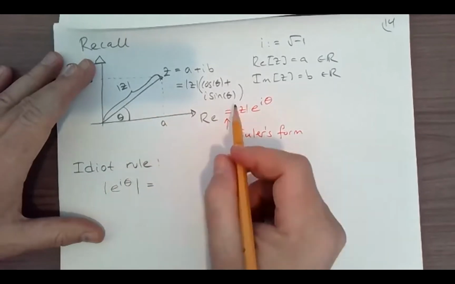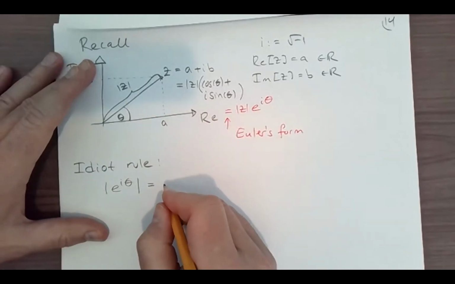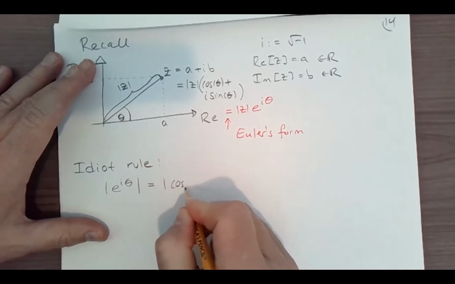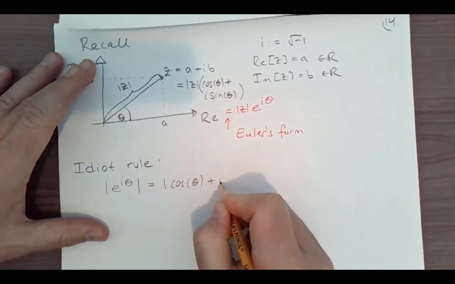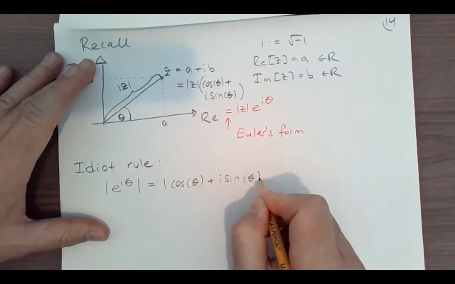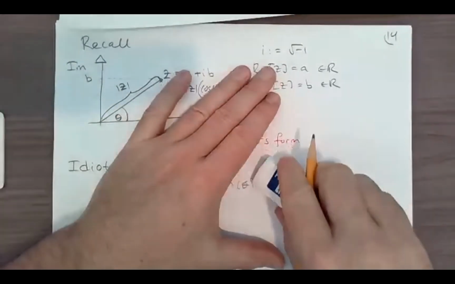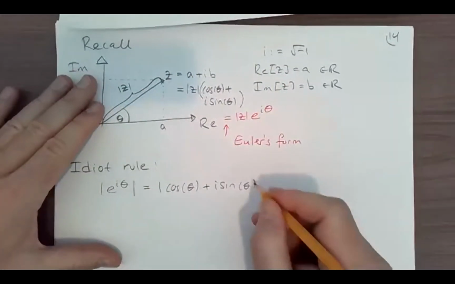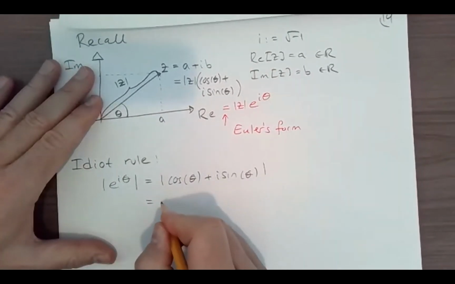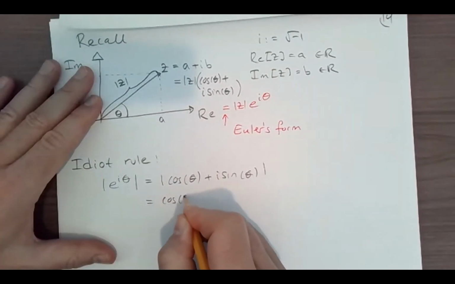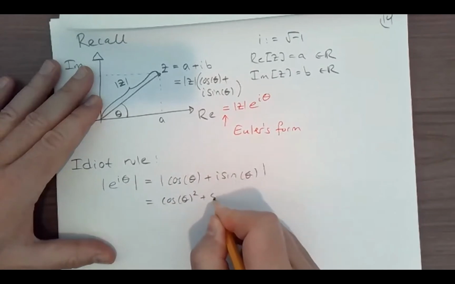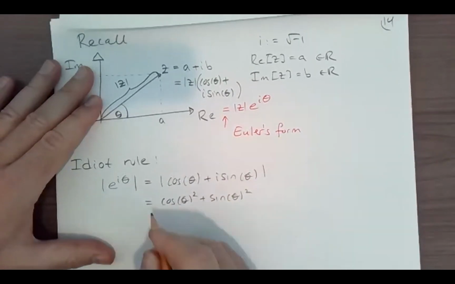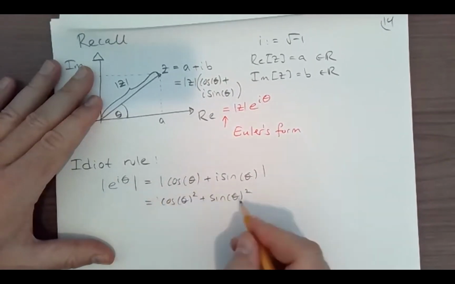The number is the absolute value of cosine theta plus i sine theta, which is the square root of cosine squared plus sine squared.